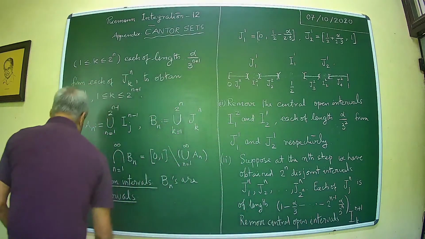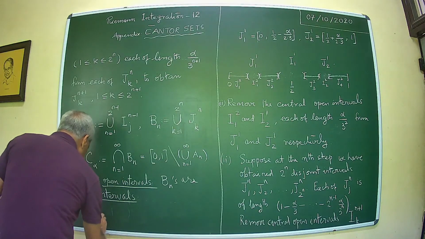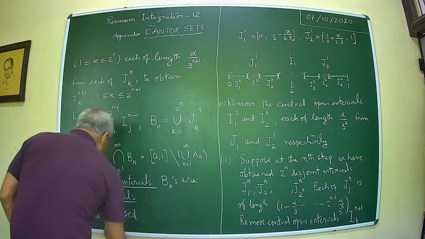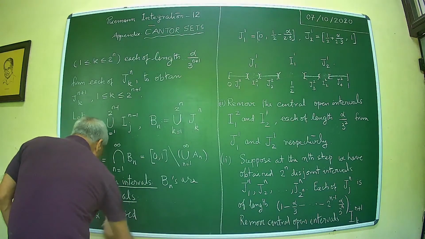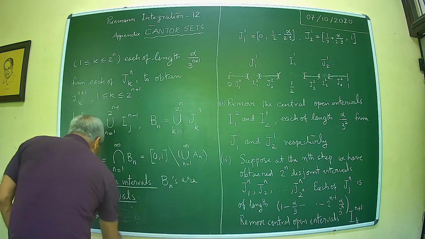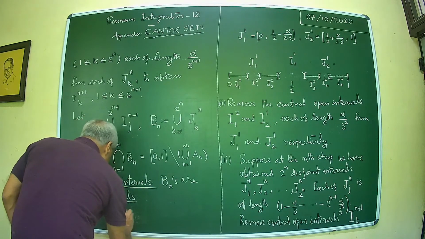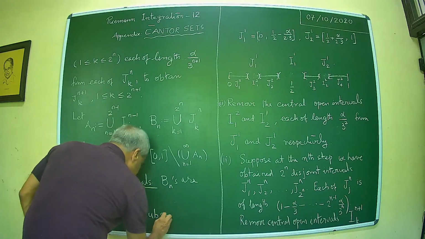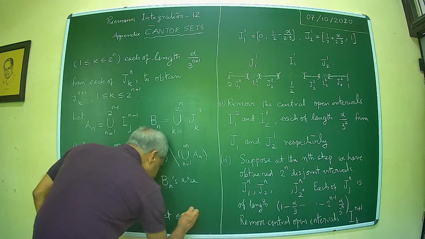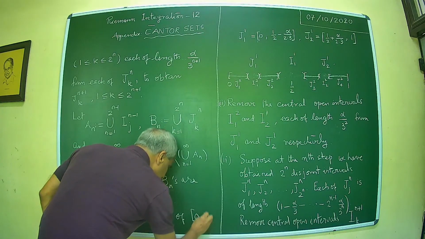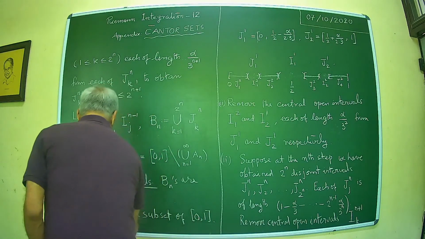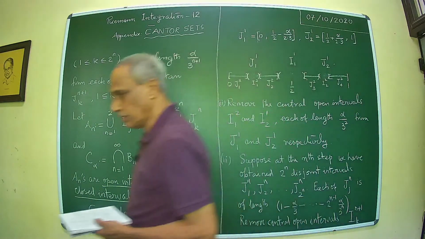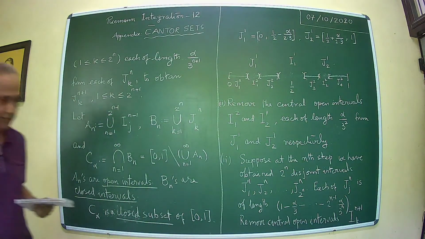So it follows that C alpha is a closed subset of 0, 1. So these are the information that we have on C alpha.